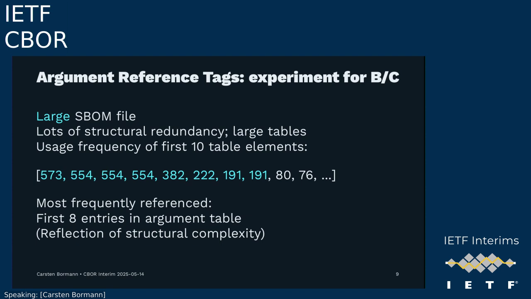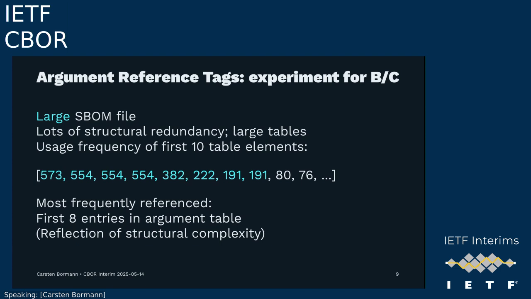And what you see here is the frequency of reference for the first 10 argument table elements. So these are all things that are going into some concatenation mechanism or into some mechanism that makes use of function tags.